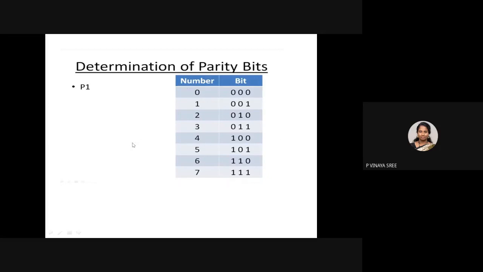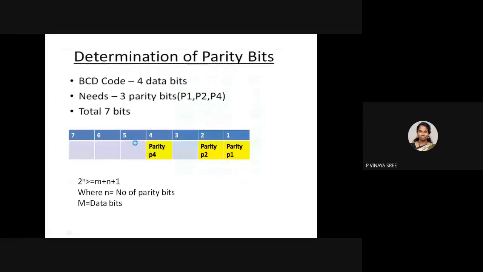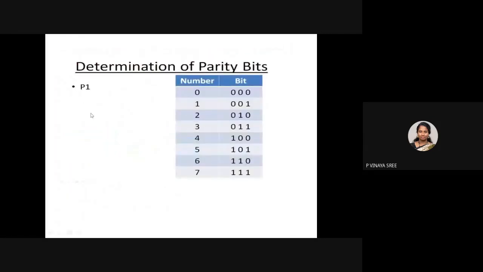In the same way, presently we have considered the message size as 8, so we got parity as 4. How many combinations will we get with 4? 16 combinations.